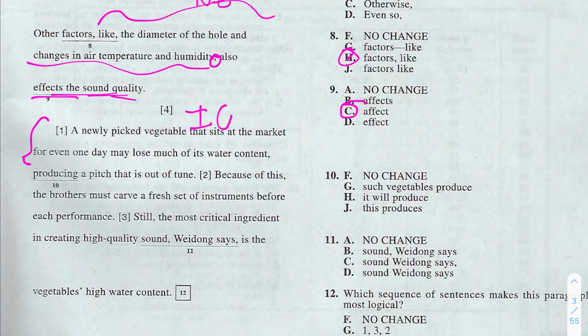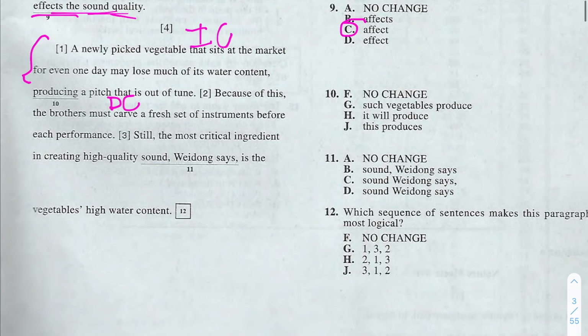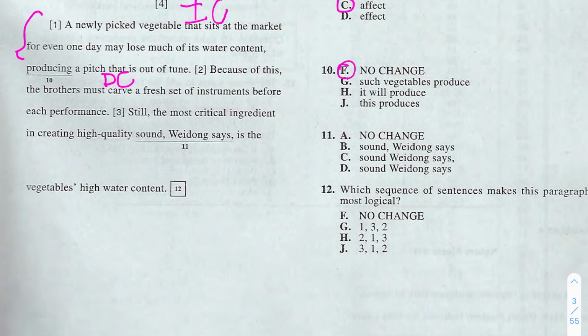However, in this case, it's different. First, it's the independent clause, and then this would be a dependent clause because it's explaining what will happen if a vegetable loses much of its water content. So 10 is F.